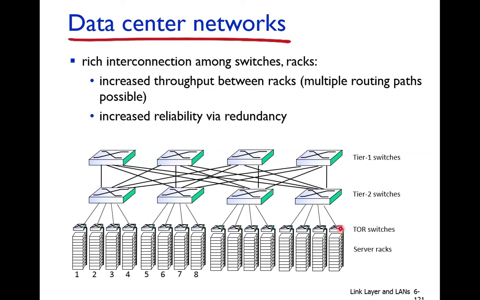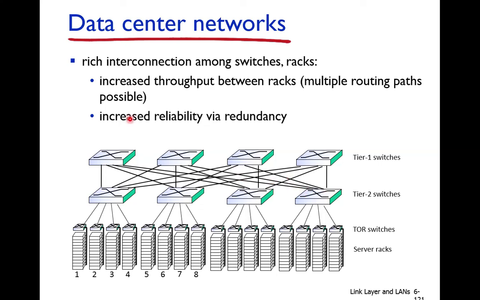If we want to move data from this server to this server, the data will be forwarded to the top of the rack switch, and the top of rack switch will forward the data to the tier 2 switch. This tier 2 switch has 3 paths, so a third of the traffic will be forwarded to this path, a third to this path, and the rest of the traffic to this path.